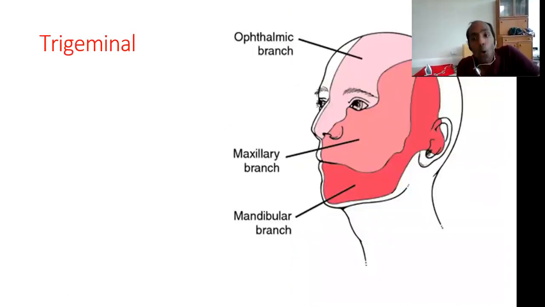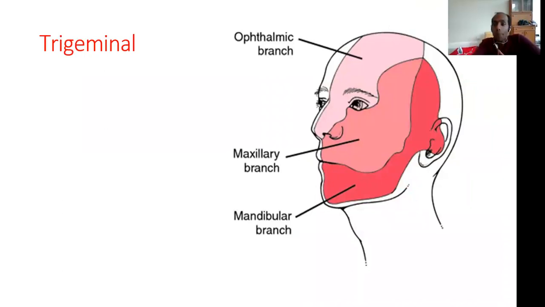The sensory component of the trigeminal nerve, I have given you a picture with the distribution. And remember two things, I might have taught this to you. The ophthalmic sensation extends right up to the vertex of the skull, okay? That is one important point about the trigeminal nerve sensory distribution.